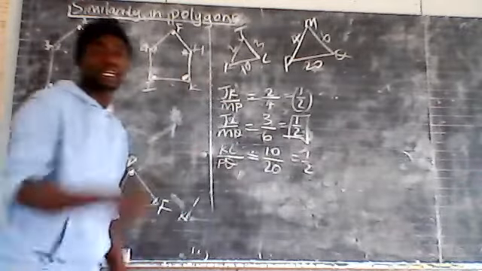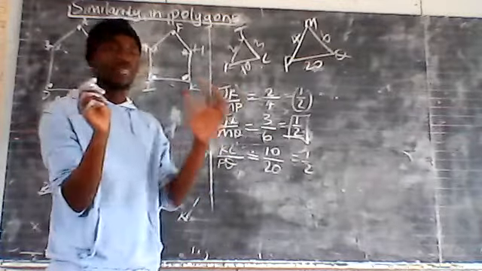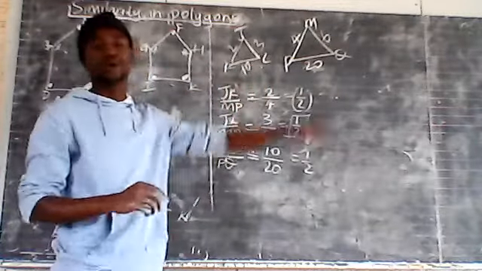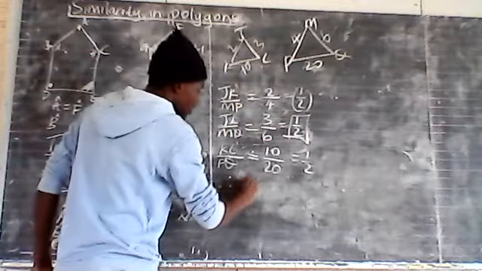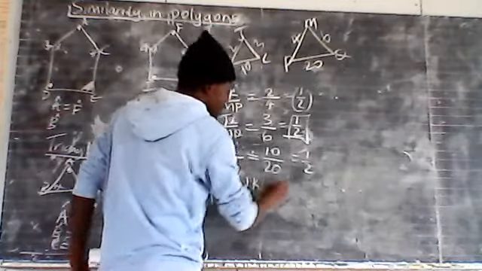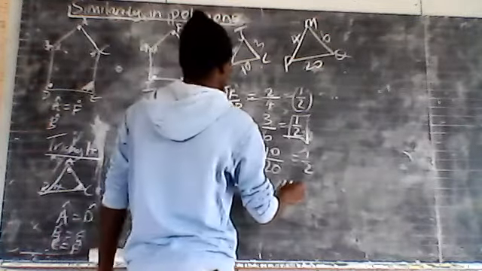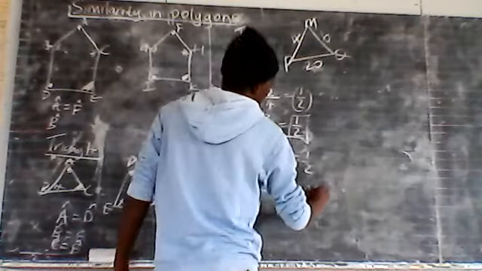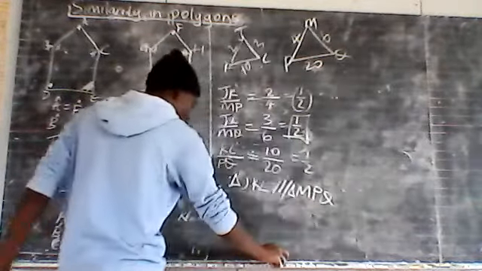So if I have the ratio of the corresponding sides on two triangles that are equal, I can conclude that triangle JKL is similar to triangle MPQ. So what would be my reason?